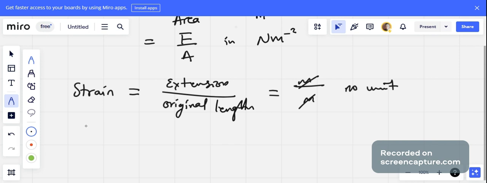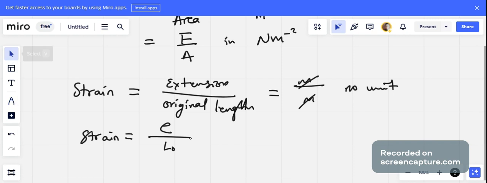In terms of notation, strain equals extension, small letter e, divided by original length, which you can write as small letter l, or capital letter L with a subscript of 0, meaning original length.